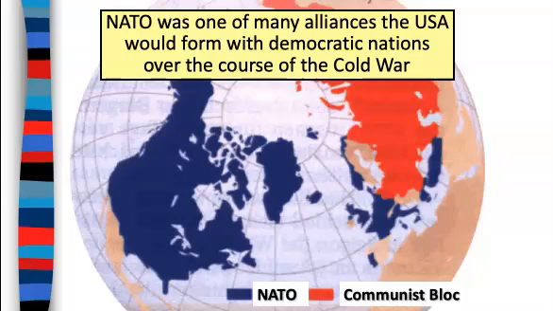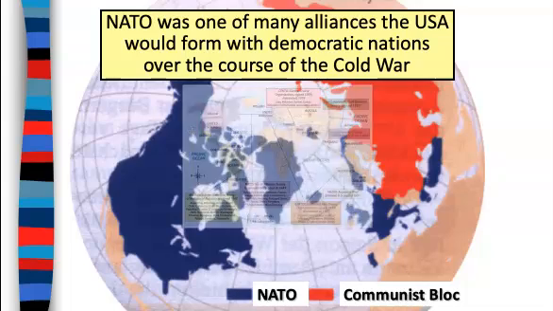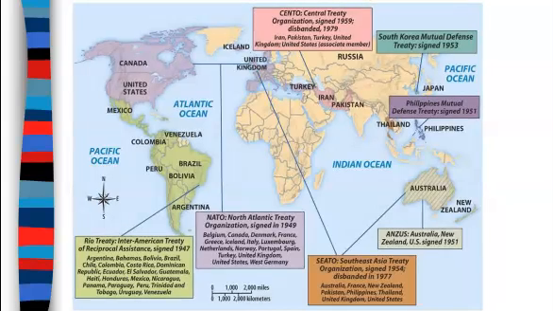Now, NATO was not the only military alliance. It was just one of many military alliances the U.S. would form with other democratic nations over the course of the entire Cold War. Here are just a few of the other ones. Probably the most important over here is SEATO. SEATO was the Southeast Asia Treaty Organization.